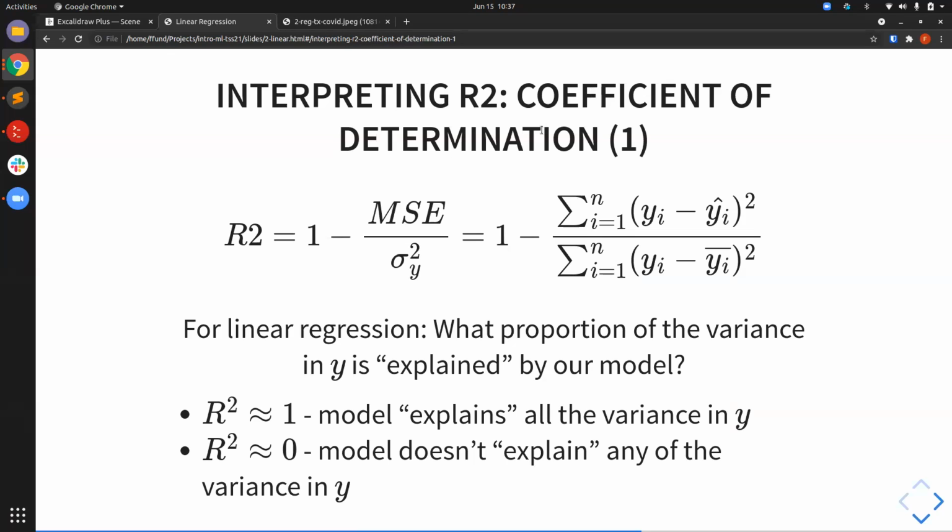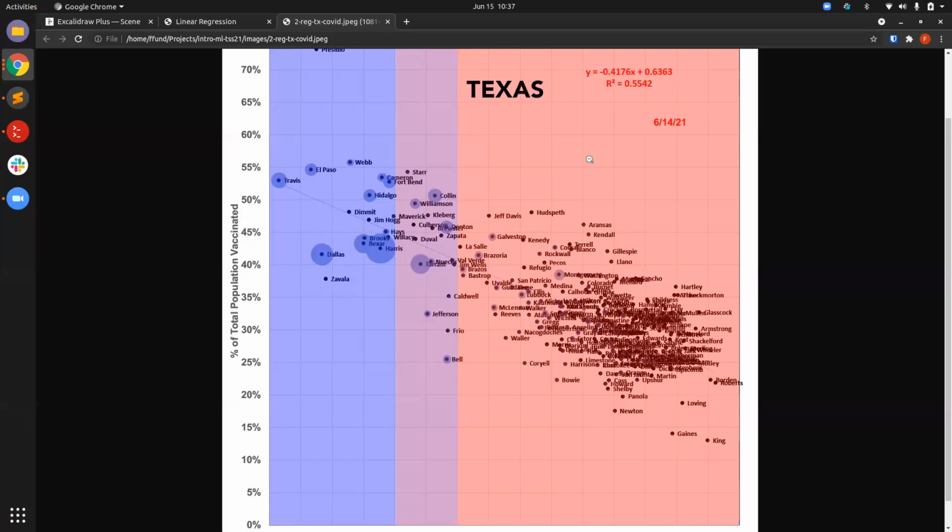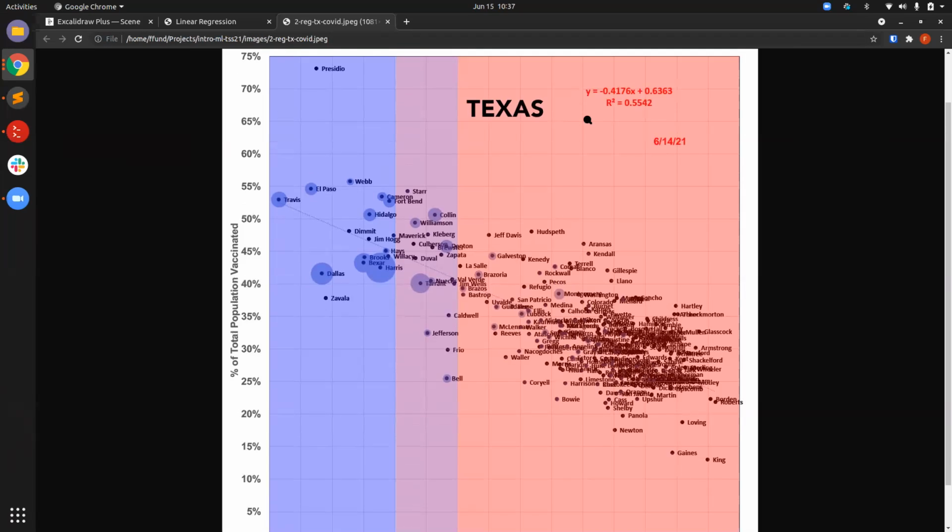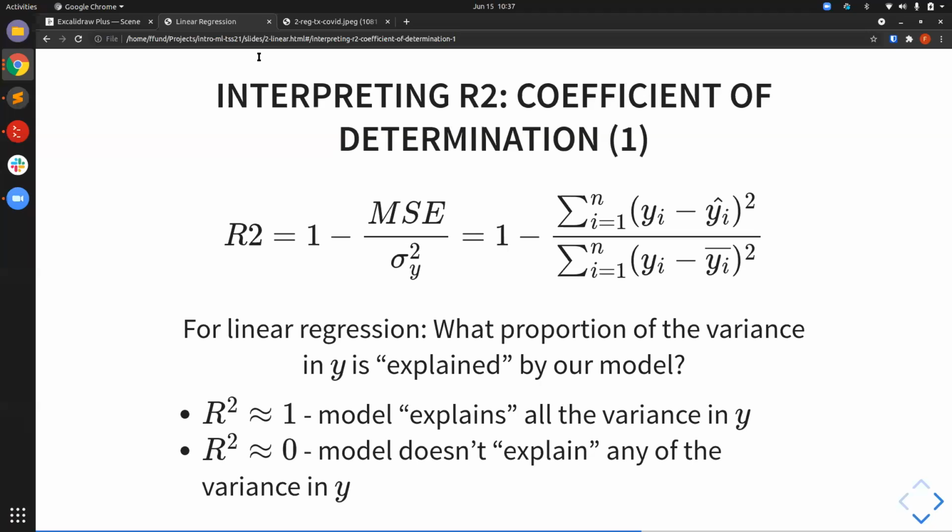So if R squared is 1, that would tell us that the model explains all the variance in Y. If R squared is 0, the model doesn't explain any of the variance in Y. That's just like the mean. Right? Here we can say the model explains a little more than half of the variance in Y. And then that fraction of unexplained variance, which is 1 minus R squared, is about 0.45. So some of the variance in Y is not explained by the model.